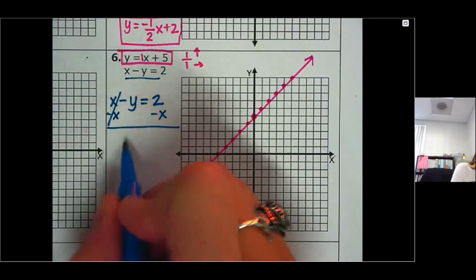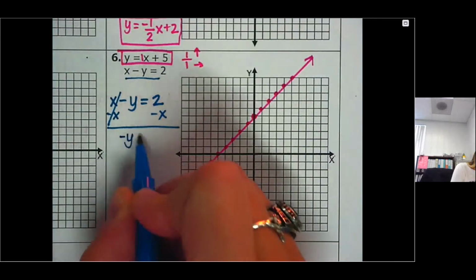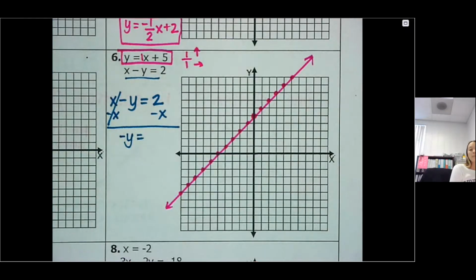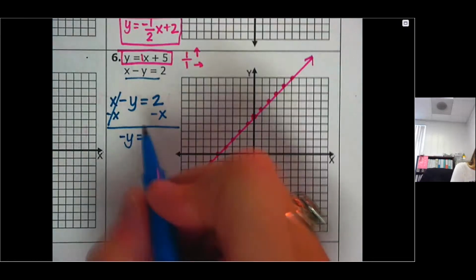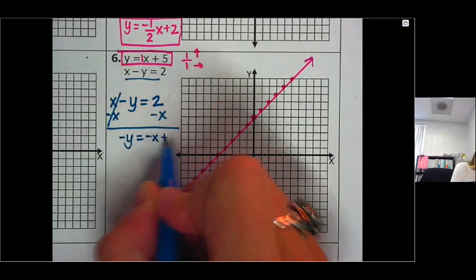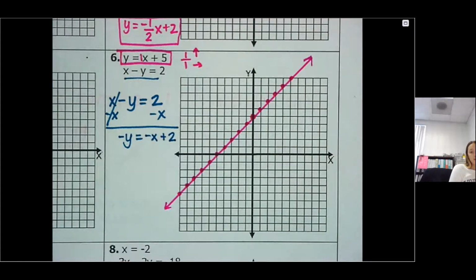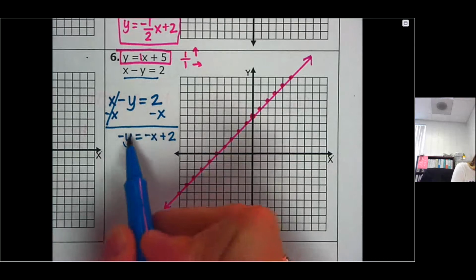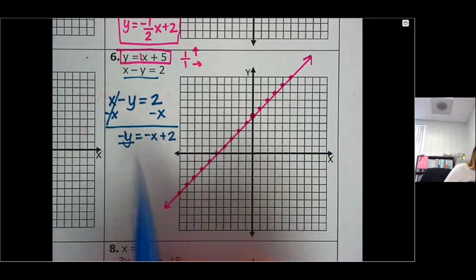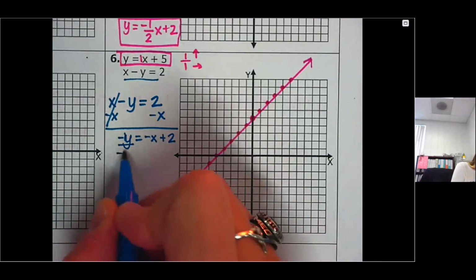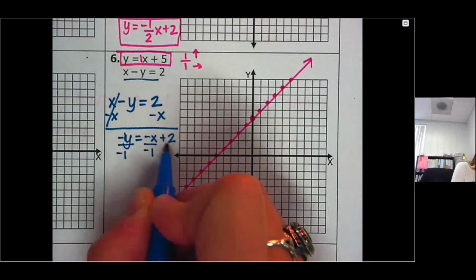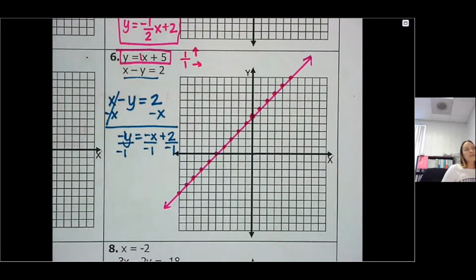So you've got negative y equals negative x plus 2. Now you're not done. You've got to divide by the negative sign on all of them. Divide everything by negative 1. Got to get rid of that negative sign.